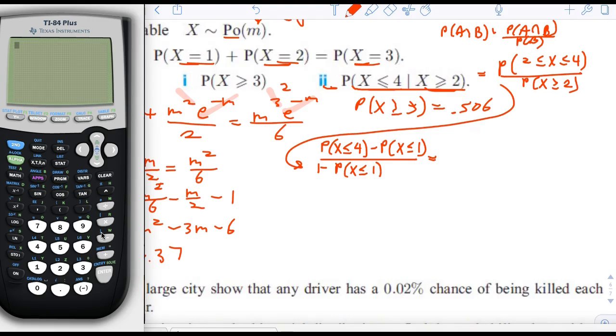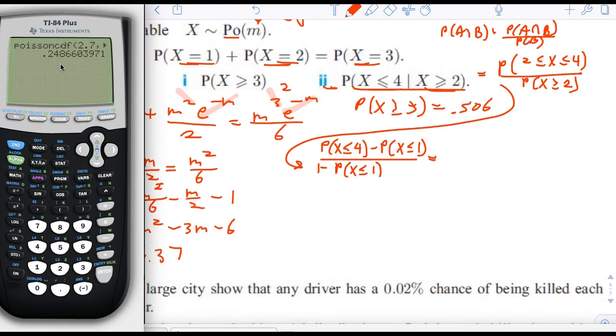So we've got the probability that x is less than or equal to 1. That one we definitely need. So second distribution, and we go down to Poisson CDF, and then we put in 2.7, which is the m value they gave us, and 1, less than or equal to 1, and we find out that's 0.249.